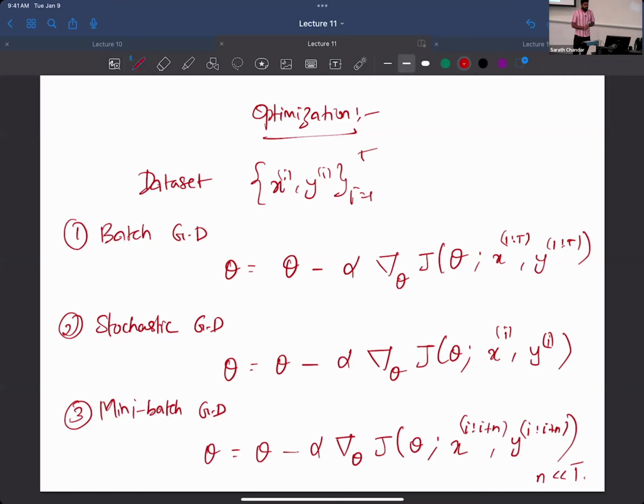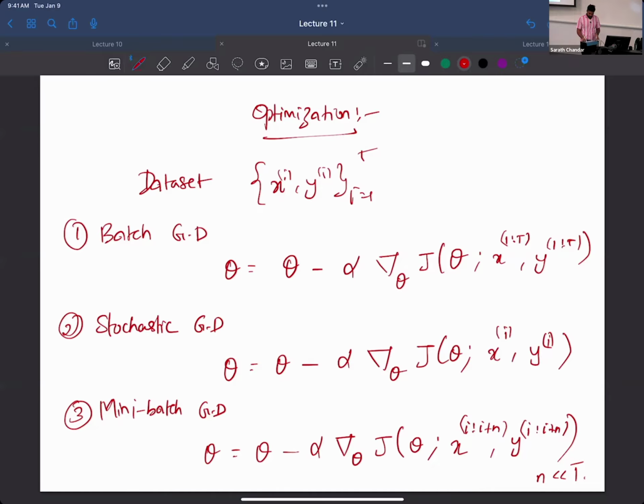Now, one thing to remember is when you do full batch gradient descent, you will have some sort of monotonic decrease in loss, right? That's because gradient descent typically tries to find the closest minimum.